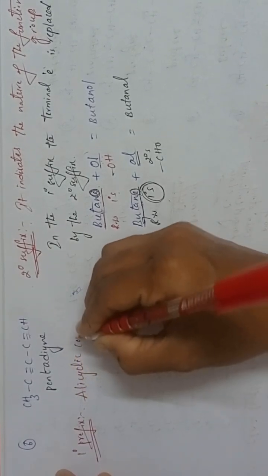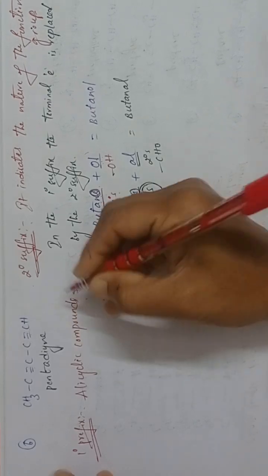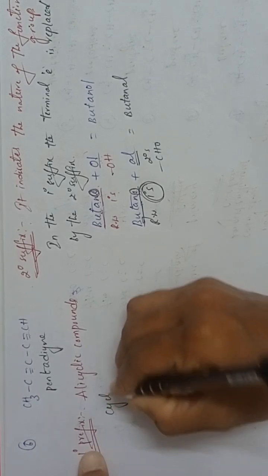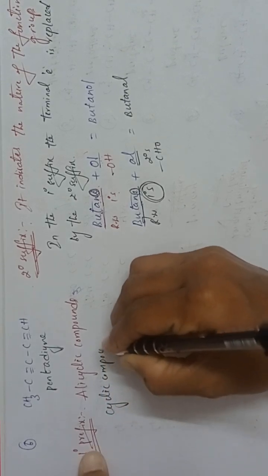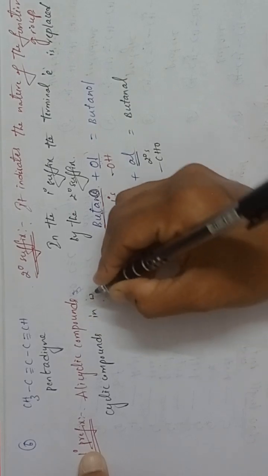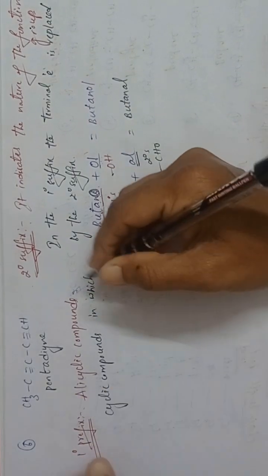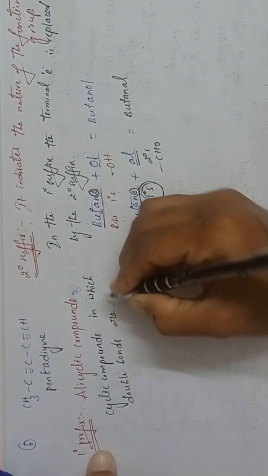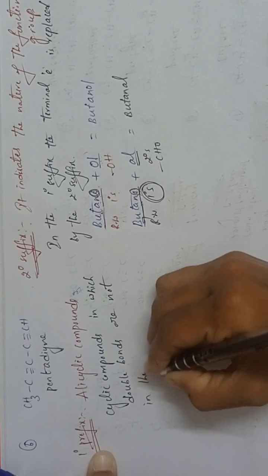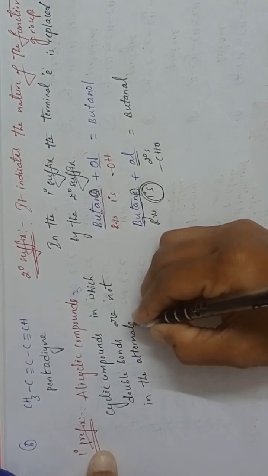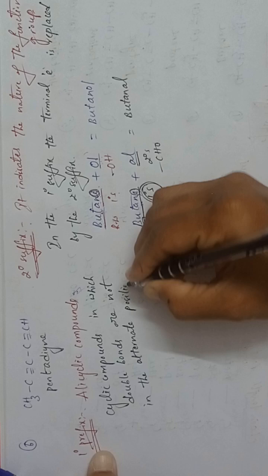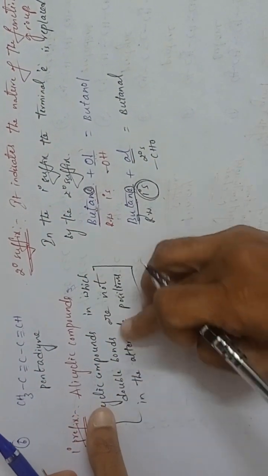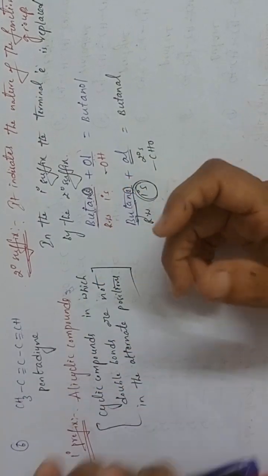Alicyclic compounds means cyclic compounds in which double bonds are not in the alternate positions. Clear? So this is the alicyclic compounds: cyclic compounds in which double bonds are not in the alternate positions. That is the primary prefix.